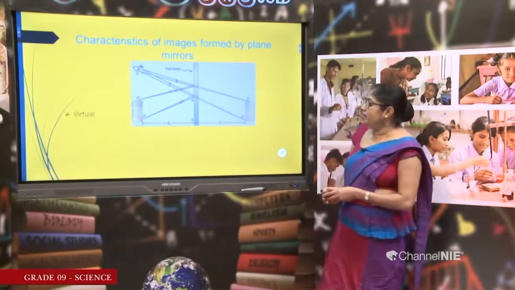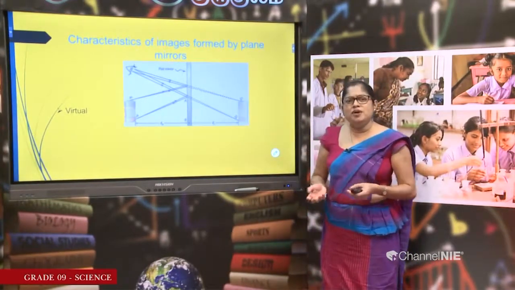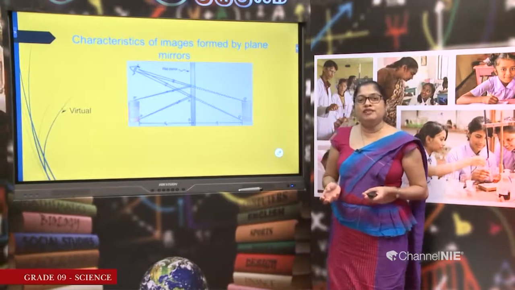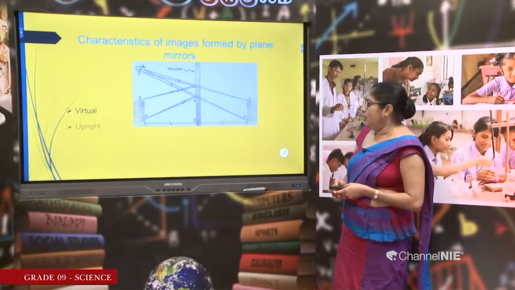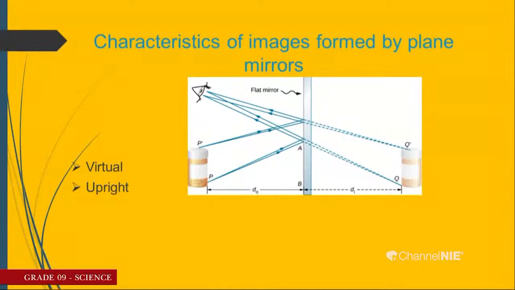It is obvious that this image is virtual. What is meant by virtual? Virtual is you can't get it onto a screen. The image is upright too. Next, it is obvious that the size of the image is equal to the size of the object.